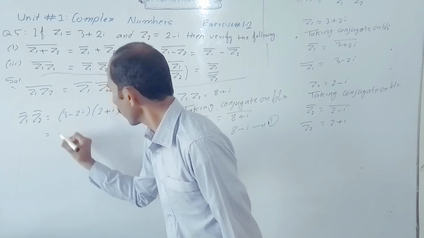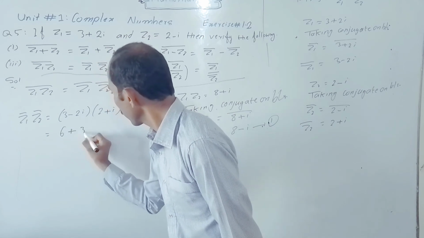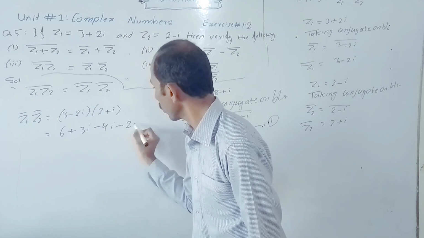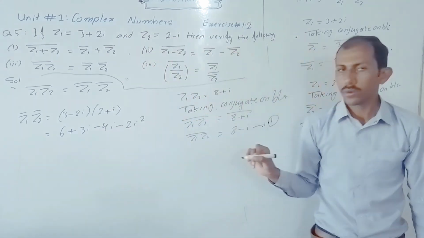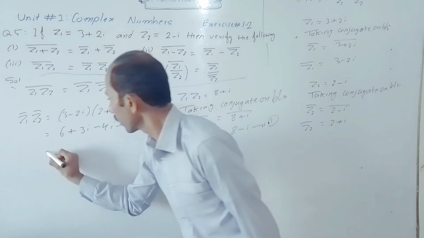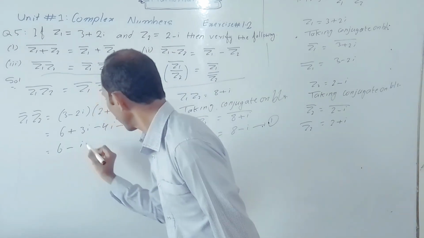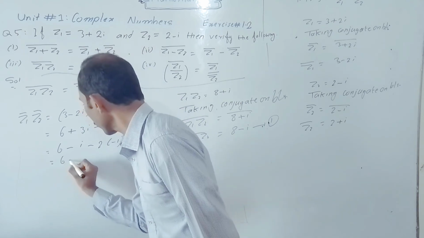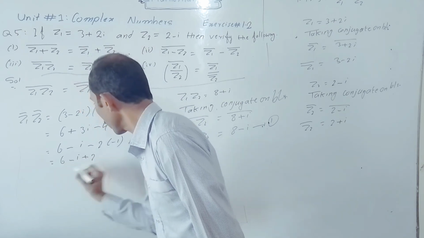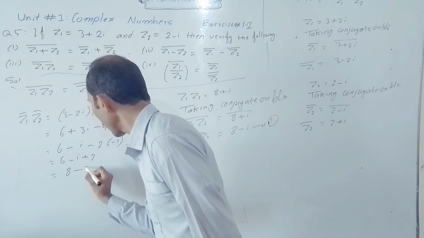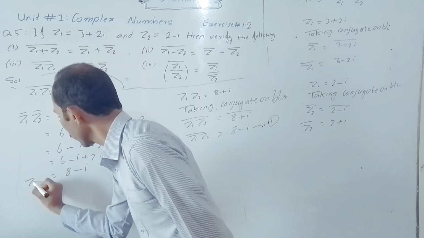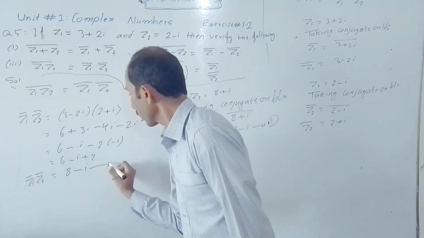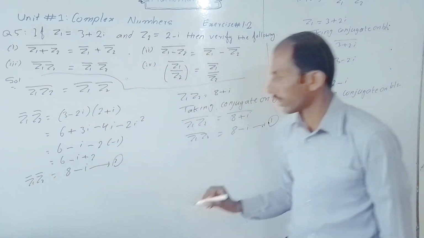So which is equal to 3 times 2 is 6, plus 3i, minus 2 times 2 is 4i, minus 2i times i, minus 2i squared. So which is equal to 6 minus i minus 2i squared, where i squared is equal to minus 1. 6 minus i plus 2 is equal to 8 minus i. Z1 conjugate Z2 conjugate is equal to 8 minus i.